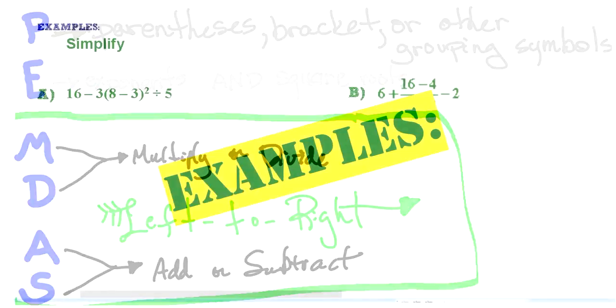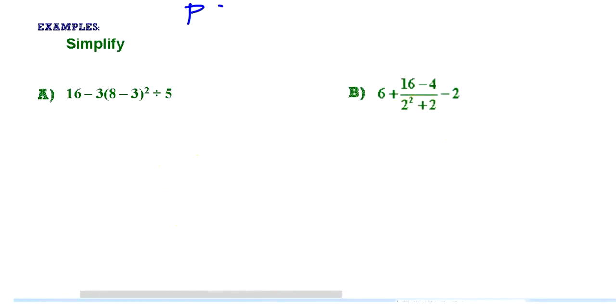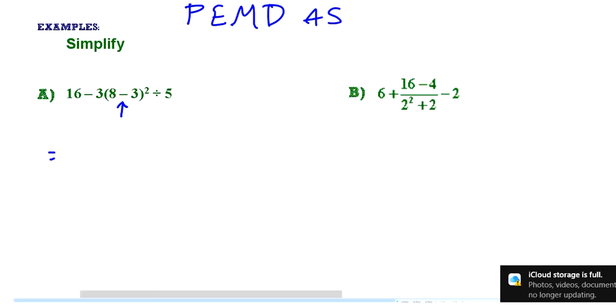Let's take a look at A. And just to remind you, I'll put the PEMDAS up here. Parentheses, exponents, multiply, divide, add, subtract. So now let's look at A. Parentheses would mean that we want to work inside the set of parentheses first. We'll bring down anything we're not working with yet.